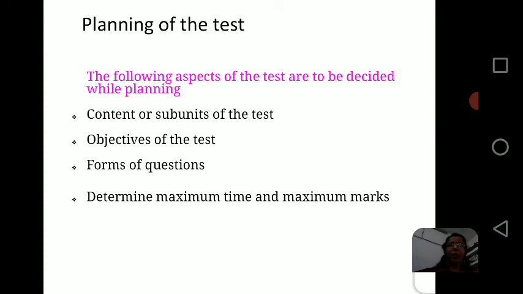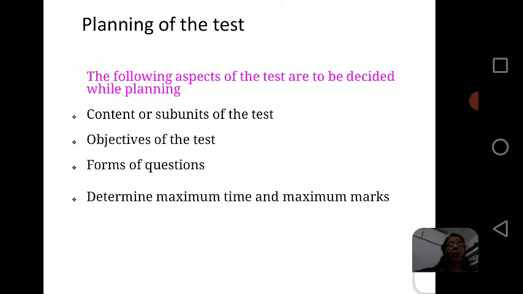You may be confused with this concept. Actually, the only thing is you have to define the objectives at various hierarchical levels. The hierarchical levels, for the time being, you remember as knowledge, understanding, application and creativity. We shall discuss it in detail further.